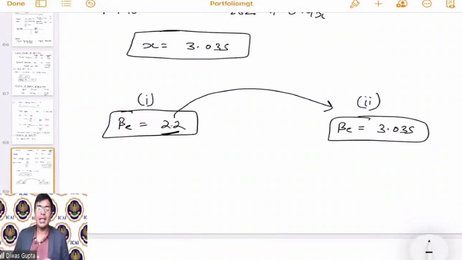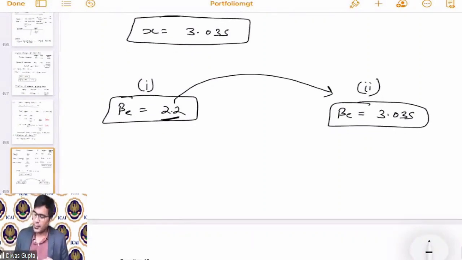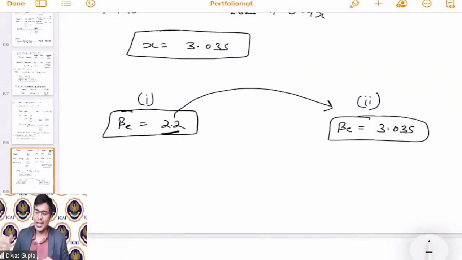What is the change element that has happened because of which the increase has happened in beta? So let the answers come.